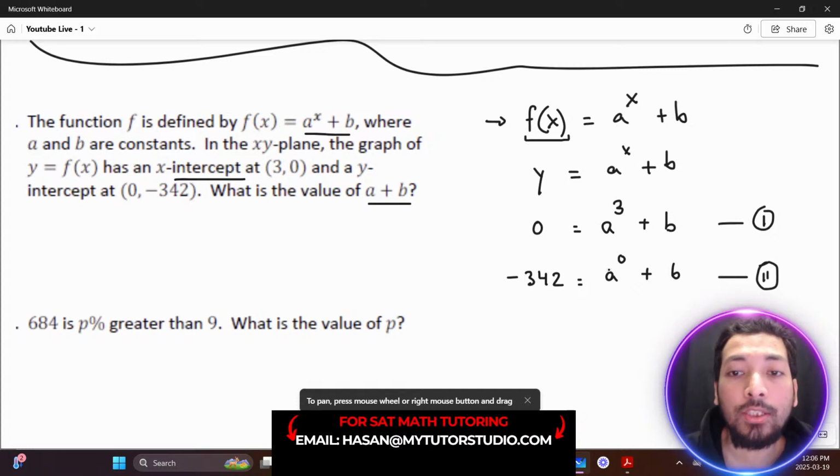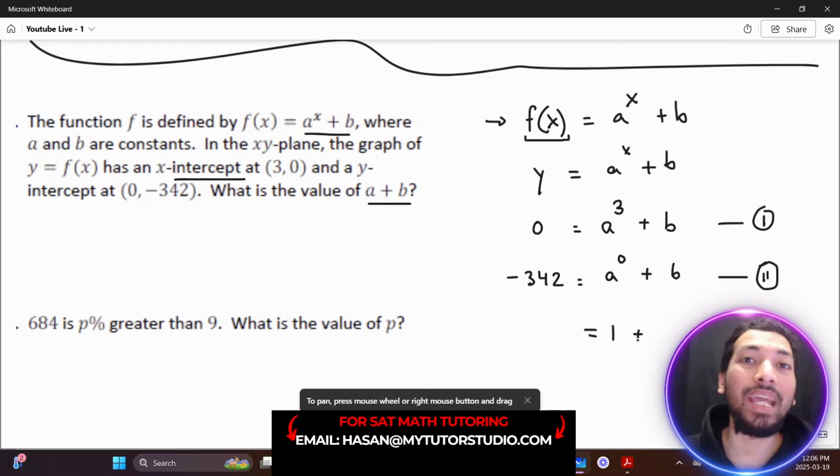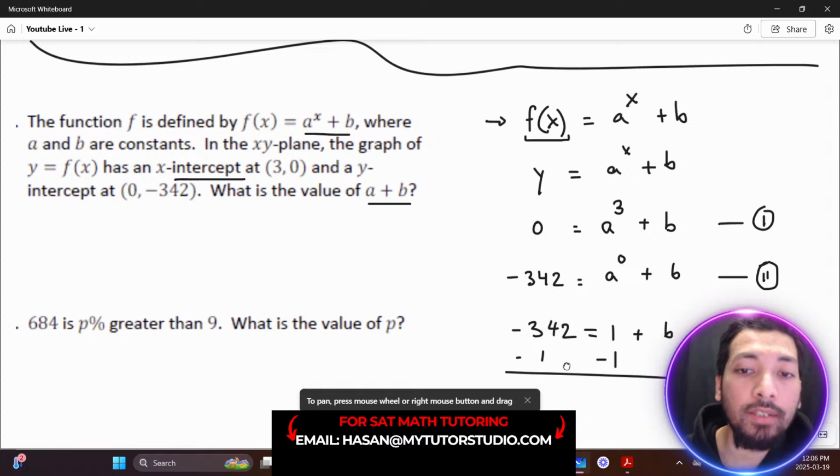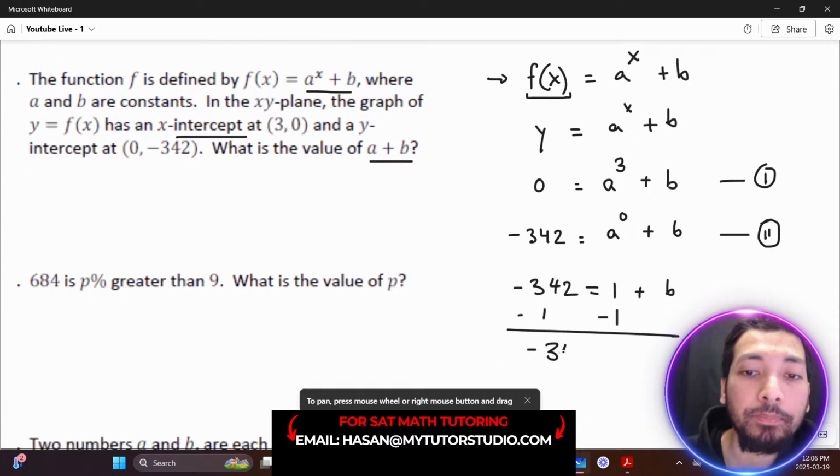Let's see how. So a to the power of 0 is basically 1. Anything to the power of 0 is always 1, so keep that in mind. And that's coming from exponent properties. So 1 plus b is equal to negative 342. So if I subtract 1, I get negative 343 for b.